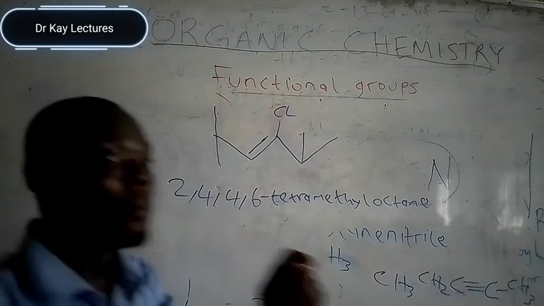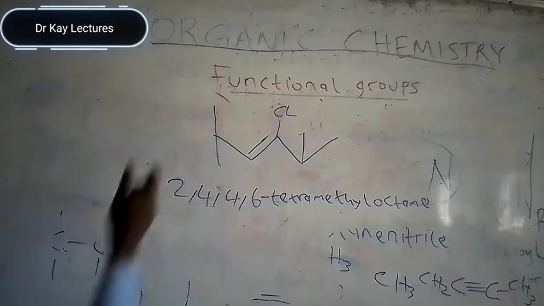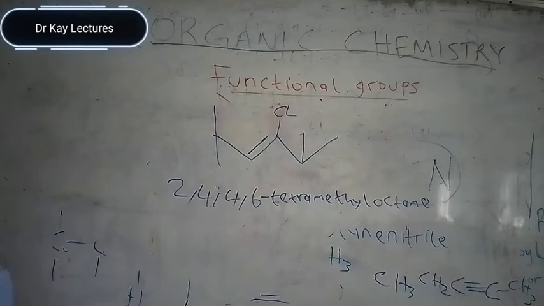Now look at the first one we named. That first one does not really have any functional group. It just has substituents, like it has methyl. Am I right? But this one has a double bond. So what was it? It's an alkene.